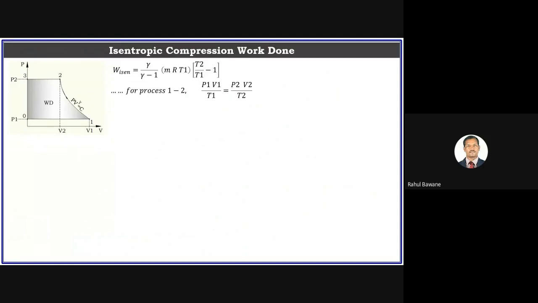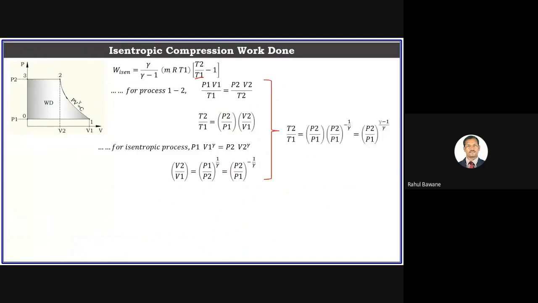Now here we are following a process 1 to 2. For process 1 to 2, the general equation is P1 V1 upon T1 equals P2 V2 upon T2. From this, we have to find the temperature ratio T2 upon T1. So rearranging the equation, T2 upon T1 will give the pressure ratio P2 upon P1 and the volume ratio V2 upon V1. Using the second relation, that is P1 V1 raised to gamma equals P2 V2 raised to the power gamma, we can find V2 upon V1 is equal to P2 upon P1 raised to the power 1 minus gamma.